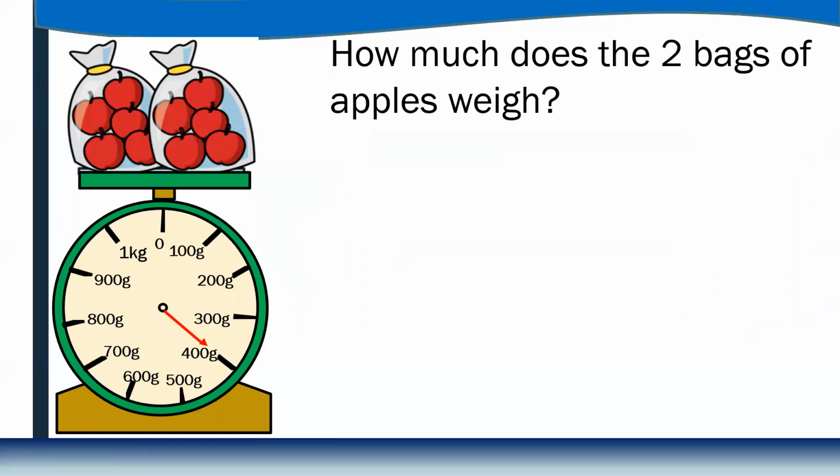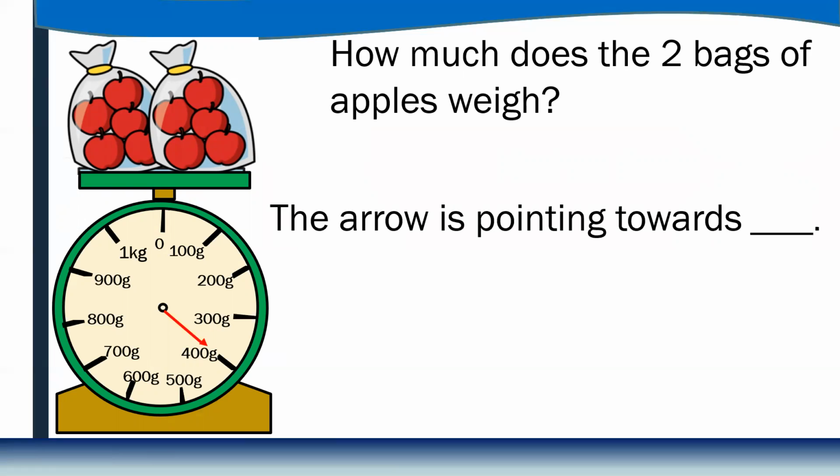Okay, boys and girls, I want you to look at the scale shown here. Can you tell me how much the bags of apples weigh? To tell how much the two bags of apples weigh, we look at where the arrow is pointing on the scale. Can you tell me which number the arrow is pointing towards, boys and girls?